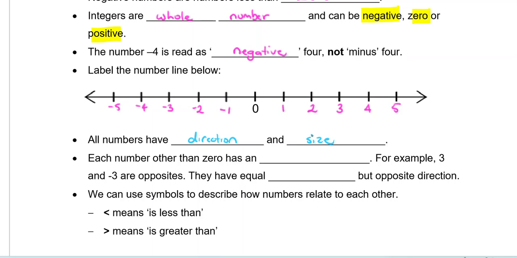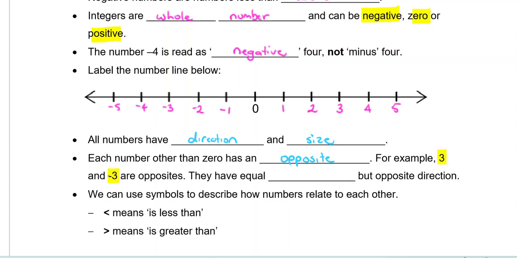Each number other than 0 has an... Anyone want to have a guess what that word is? Bella? Roman? Opposite. Opposite, perfect. So for example, because it says it down below, is that where you read it? Very good if you did.